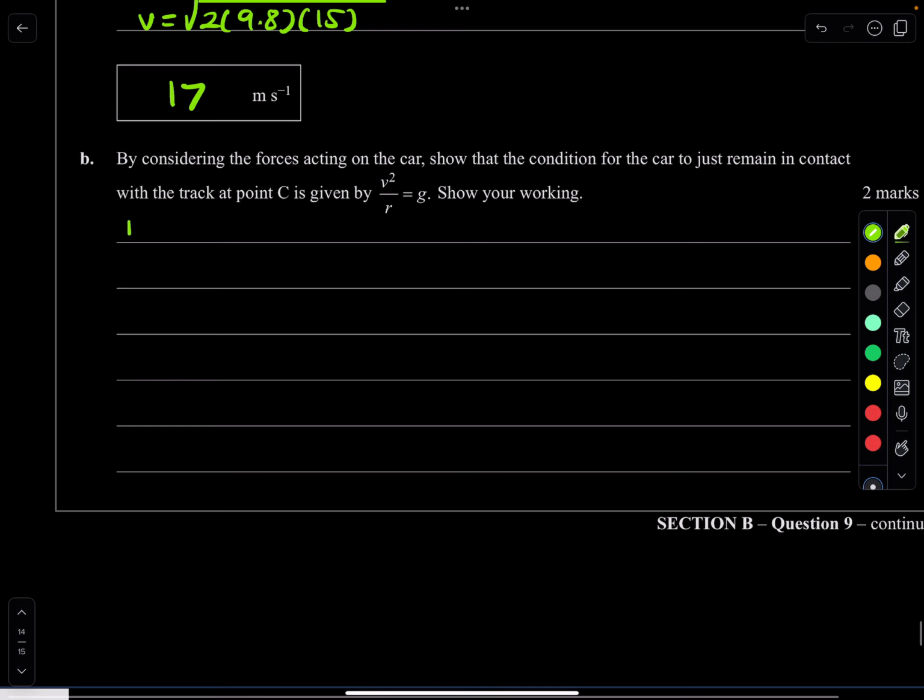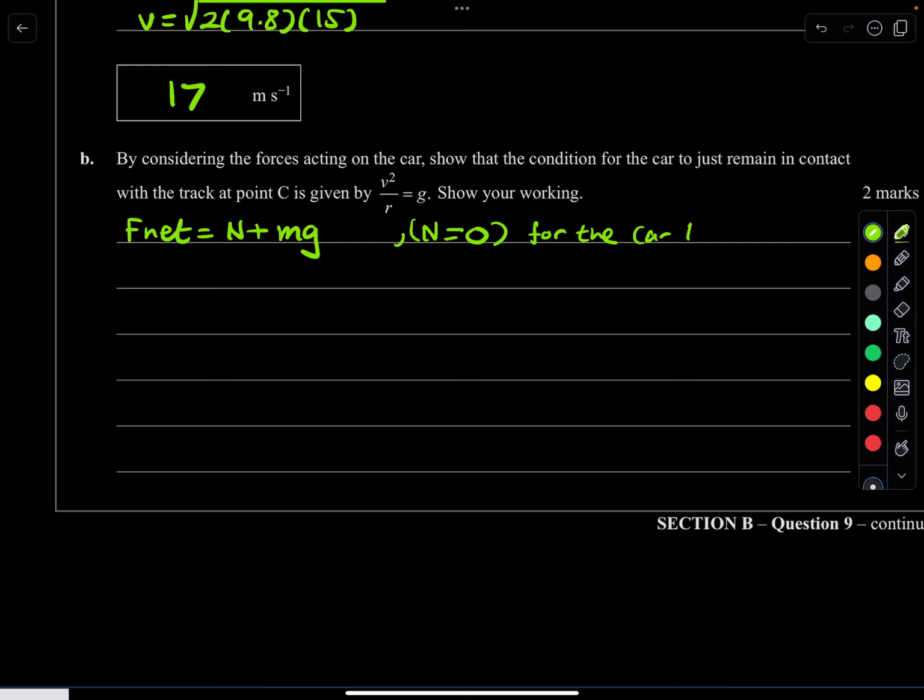So if we write those down, F net is N plus mg in this case. So N is equal to 0 for the car to just remain in contact with the track.